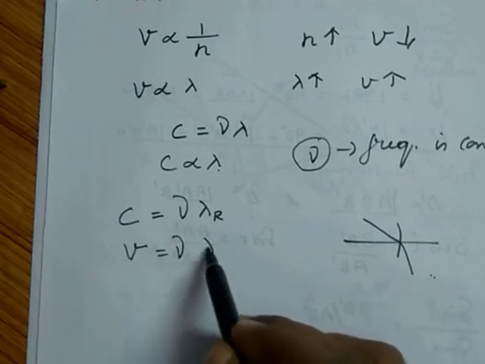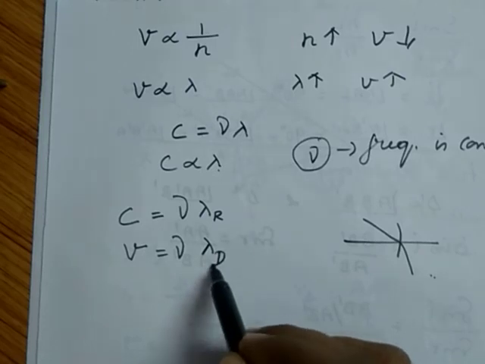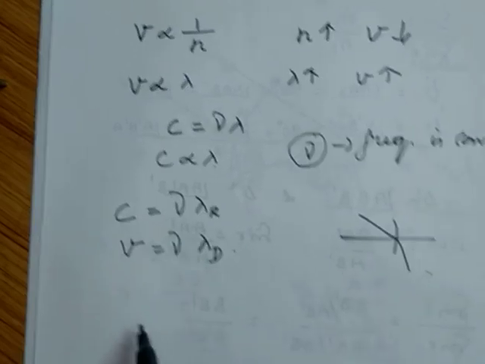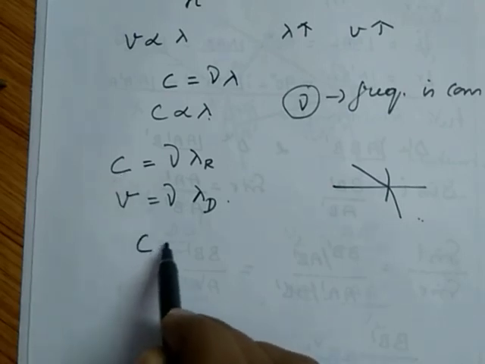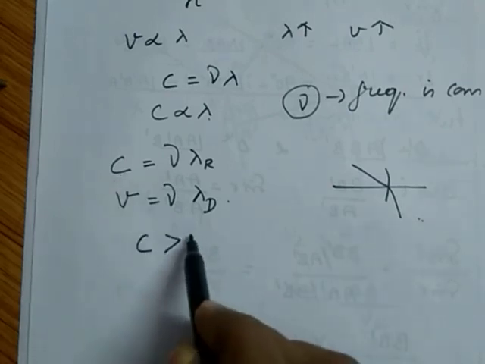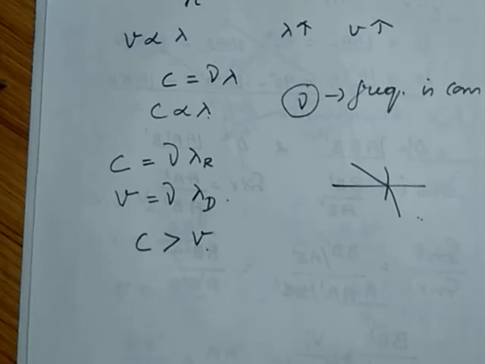There is only a change in wavelength. Always the velocity of light in a rarer medium is greater than the velocity of light in a denser medium. Okay, thank you.